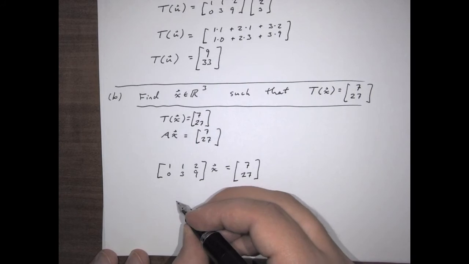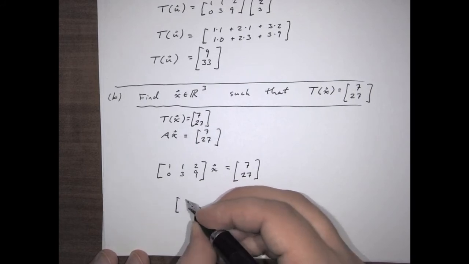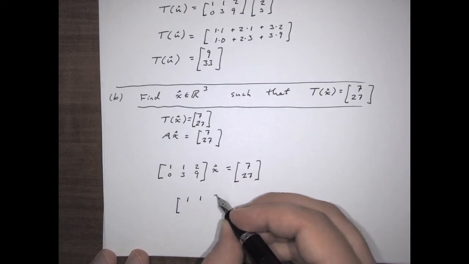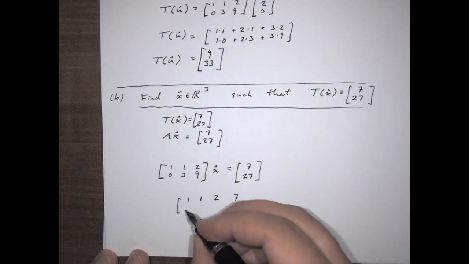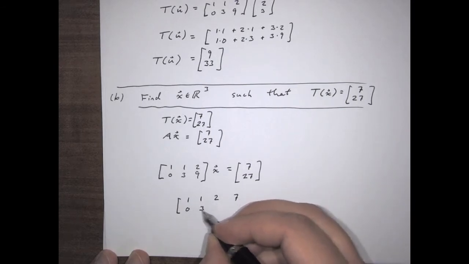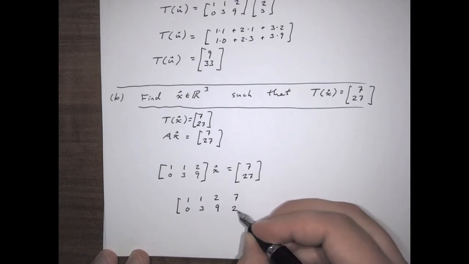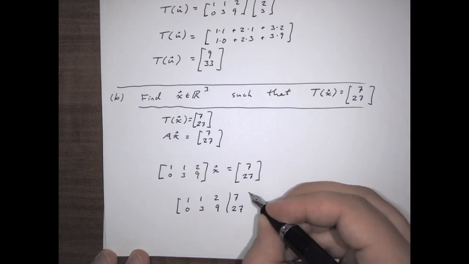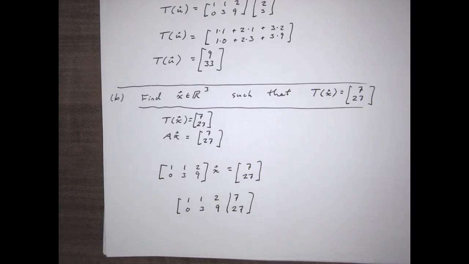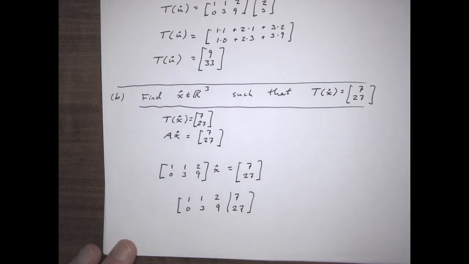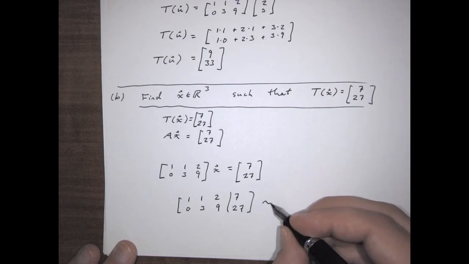So we would set up an augmented matrix. 1, 1, 2, augmentation bar 7, 0, 3, 9, augmentation bar 27. So this is an augmented coefficient matrix that corresponds to the system that this matrix equation also corresponds to. And now we can proceed with the row reducing.